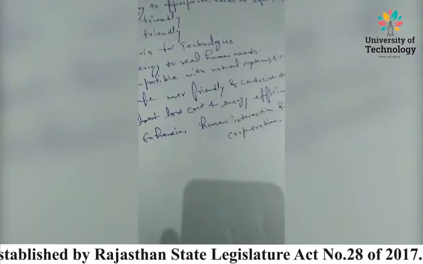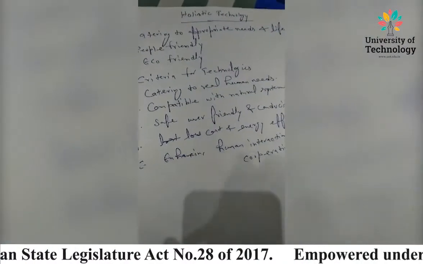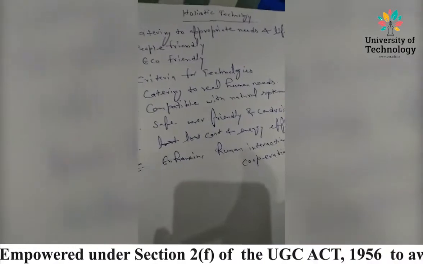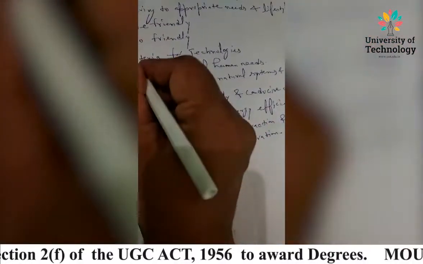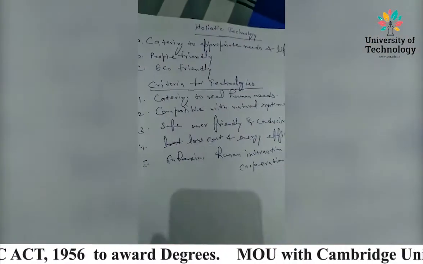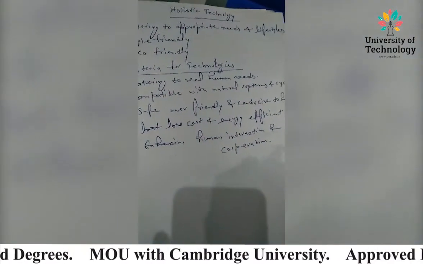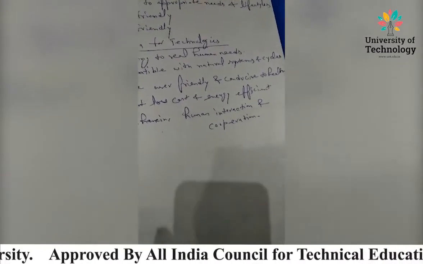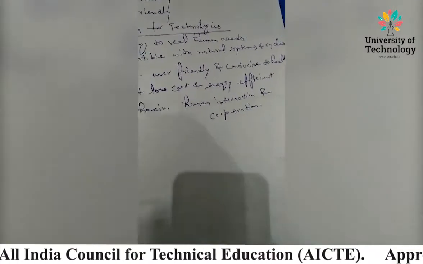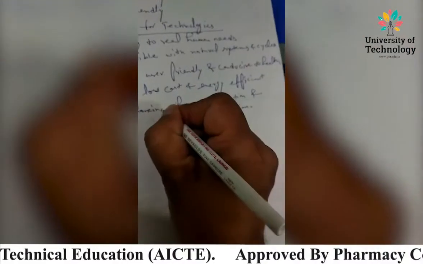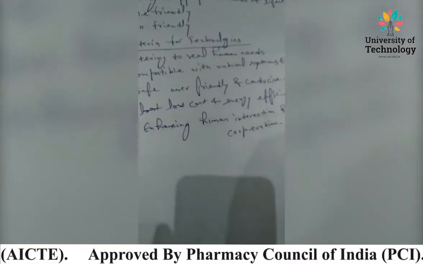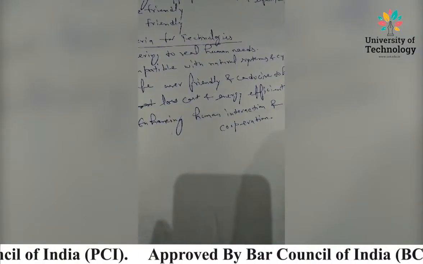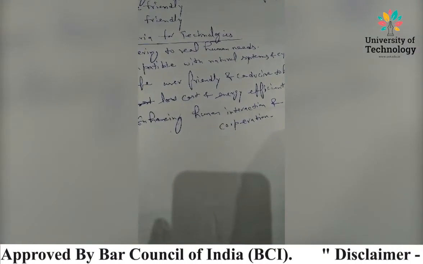So first point is catering to real human needs. These are the criteria for technologies. Second, compatible with natural systems and cycles. Third, safe, user friendly and conducive to health, low cost and energy efficient, enhancing human interaction and cooperation.